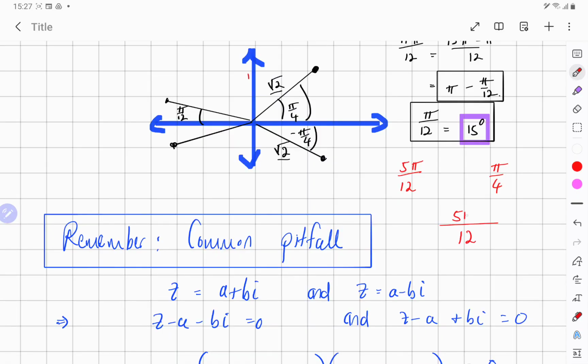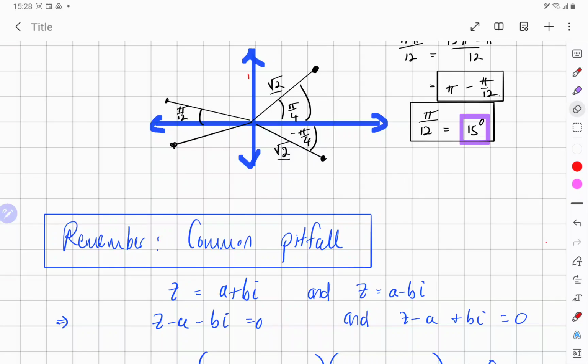So here we get 5 pi. Here I want to get denominator 12, so I have 3 pi over 12. So 5 pi over 12 is actually bigger than pi over 4.